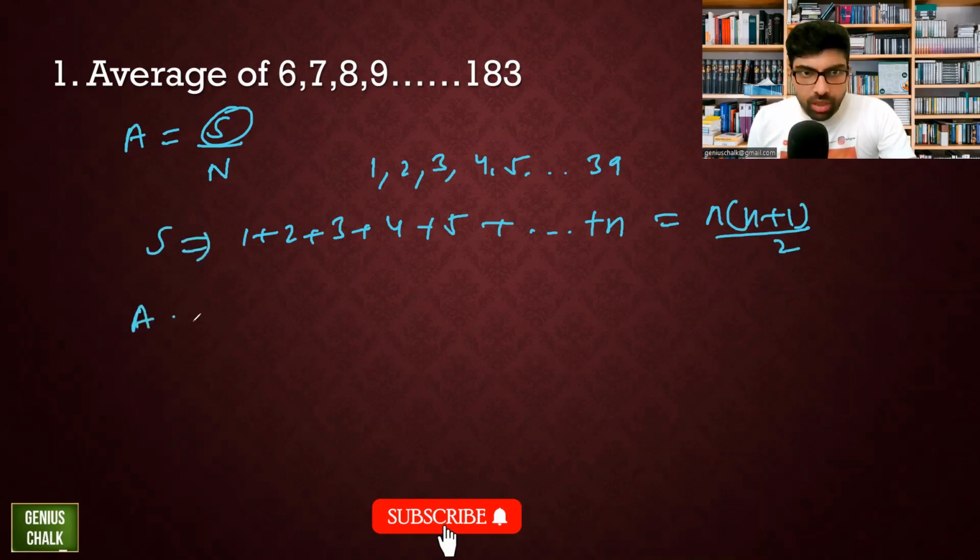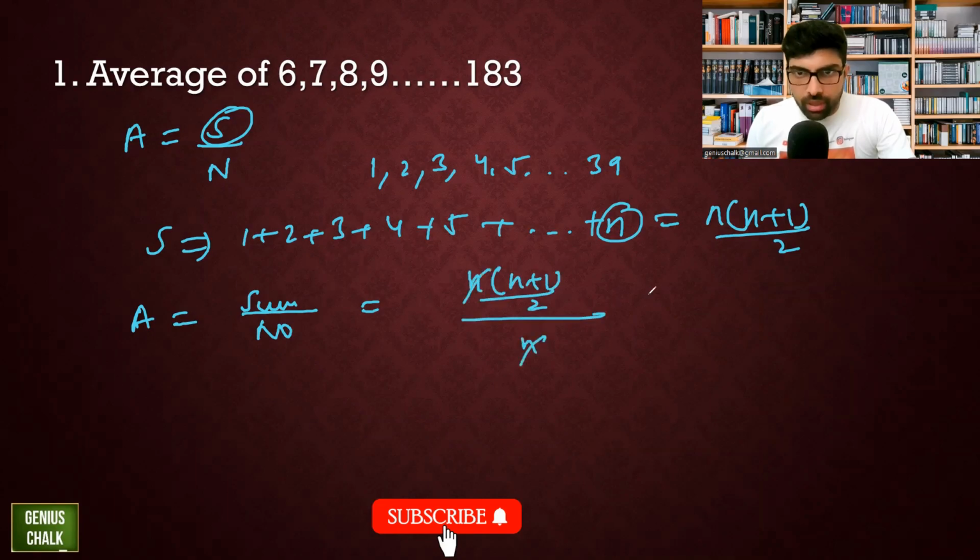Now, average is sum of the things by number of things. If I have n observations, then the sum is n into n plus 1 by 2, divided by n. So this is n plus 1 by 2, and this can also be written as 1 plus n by 2.